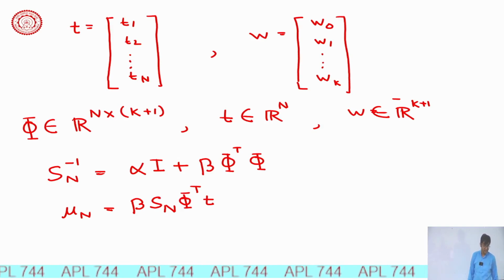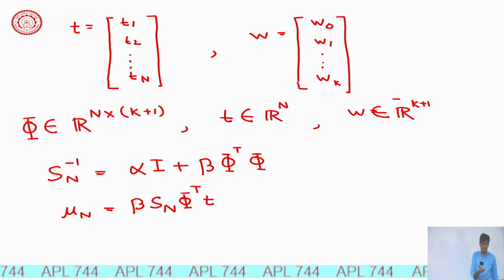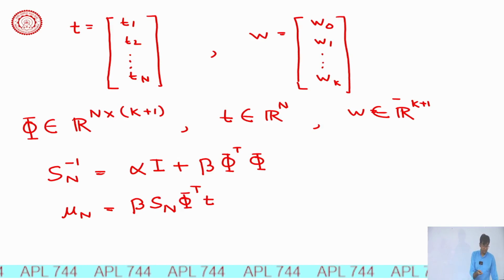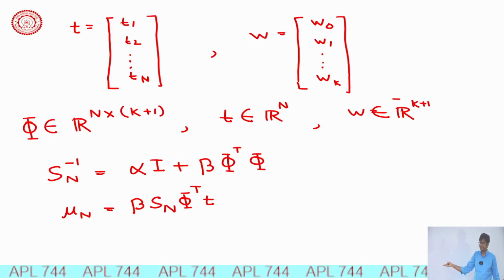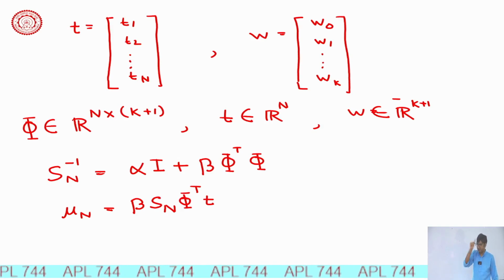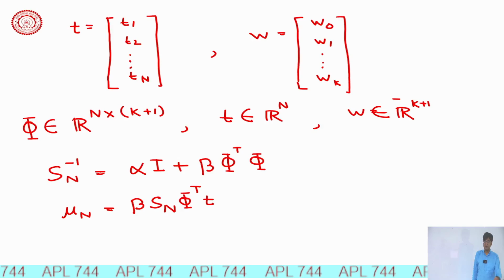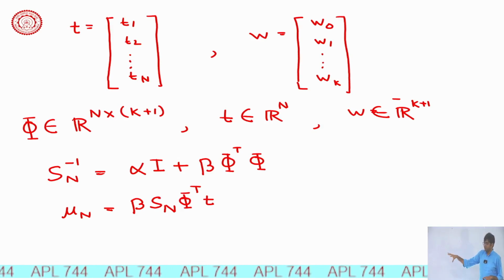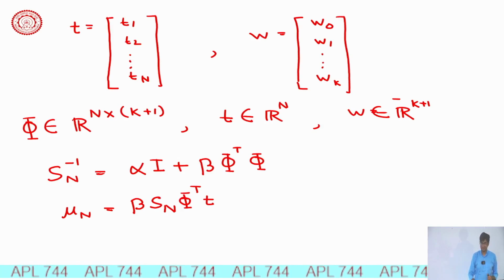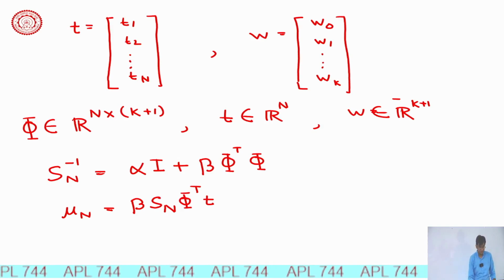Phi dimension is n cross k plus 1, when you take a transpose k plus 1 cross n, T is n cross 1, so you will get k plus 1 cross 1. Sn is k plus 1 cross k plus 1, you will still get k plus 1 cross 1. Beta is basically a scalar, it will be multiplied with each element of the vector. Okay. So, these two are the same formulas that we derived yesterday, but now in matrix notation. So, these are the ones that you will actually use when you write a computer code.